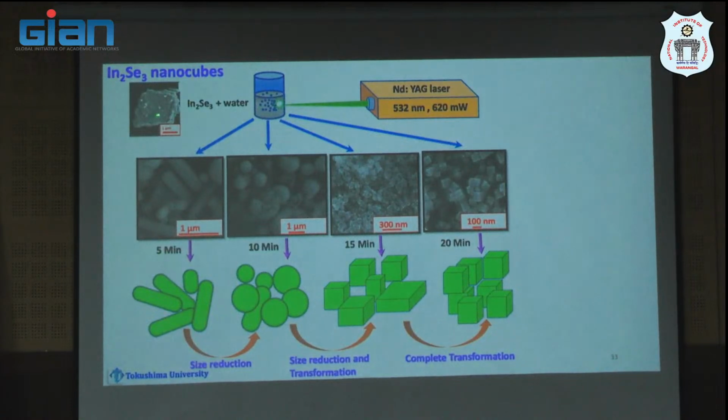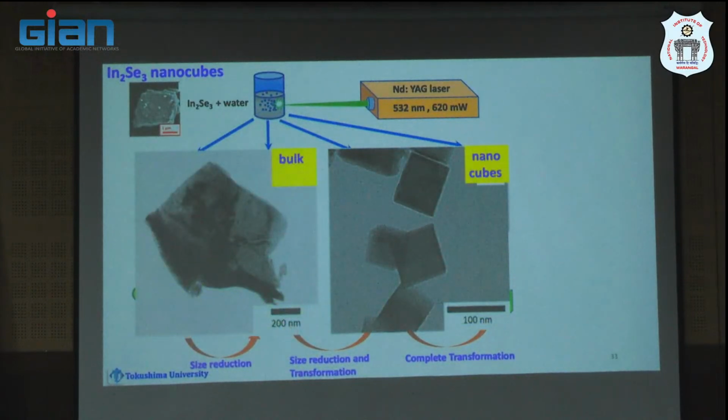There are a number of sheets, 1, 2, 3, 4. This sheet-like structure is converted when we change the time from 5 minutes to 20 minutes, and we can get the nanocube. This is the same slide which I showed you yesterday to show the difference before and after laser ablation, the transformation of thin sheet into the nanocube.